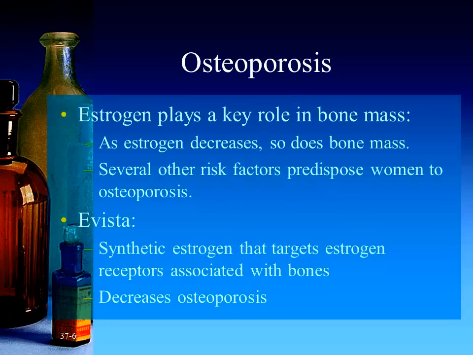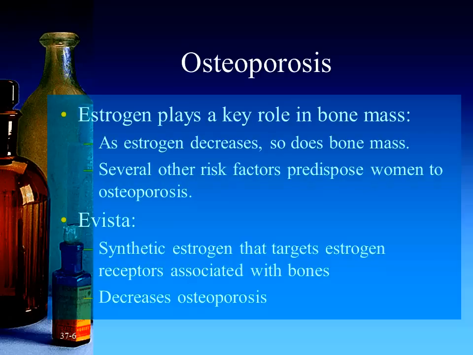Now, we did allude a little bit to osteoporosis for estrogen. And basically, as estrogen declines in the body, bone resorption begins to exceed formation. So you're absorbing more bone than you're forming. That tends to lead to a decrease in bone mass that's called osteoporosis.